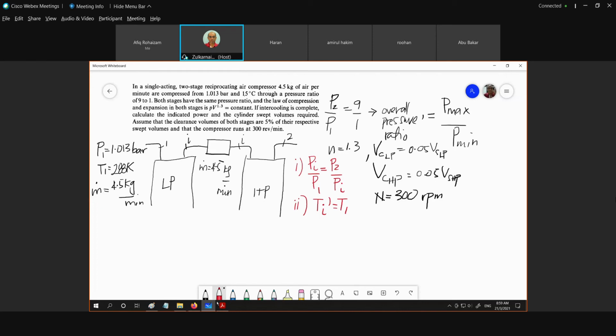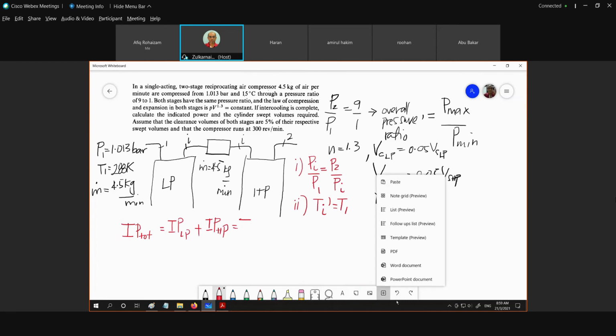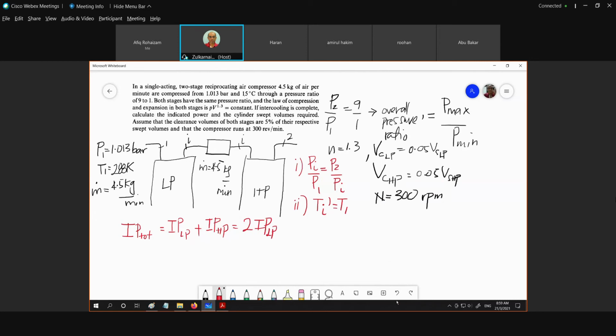So, untuk mendapatkan apakah kita punya indicated power, the IP total is equal to IP LP plus IP HP, and this is equal to 2 IP LP. Why? Because kita fulfill 1 dan 2.